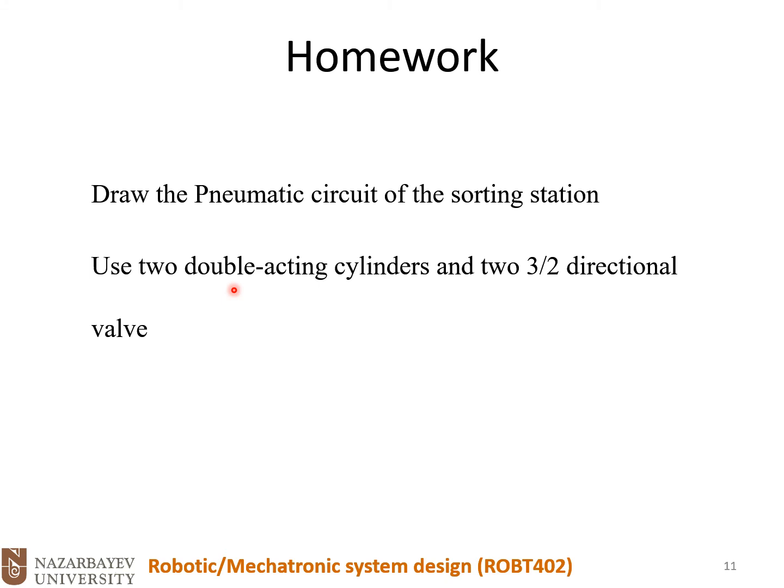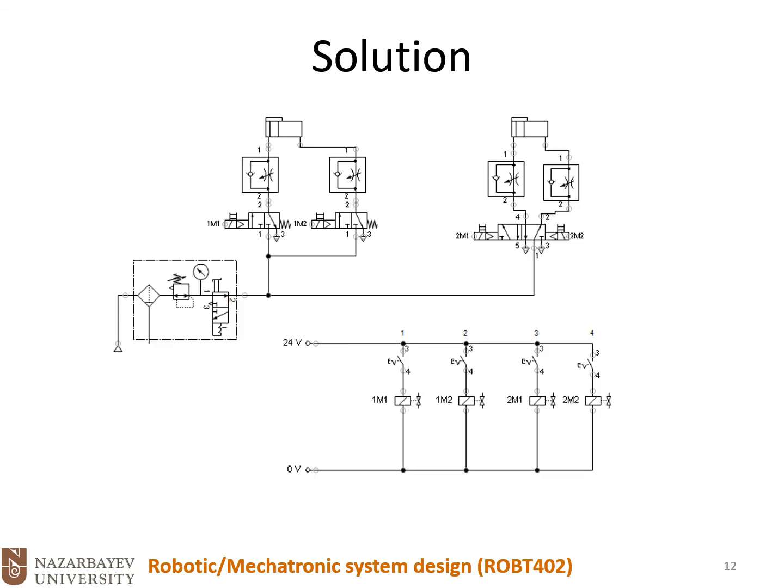And the third one, once none of those guides are activated, parts could go to the last slide. Okay, so the solution could look a little bit complicated. So that's why I provided a solution here.